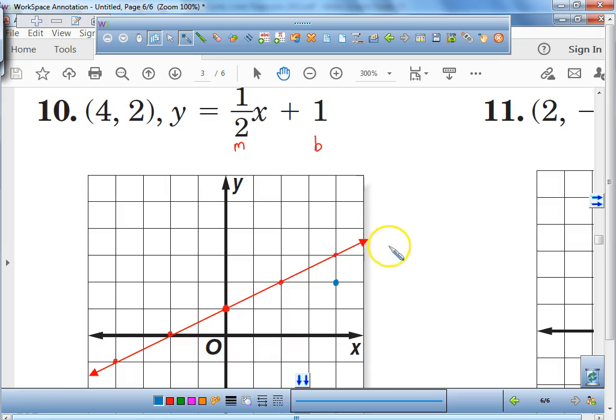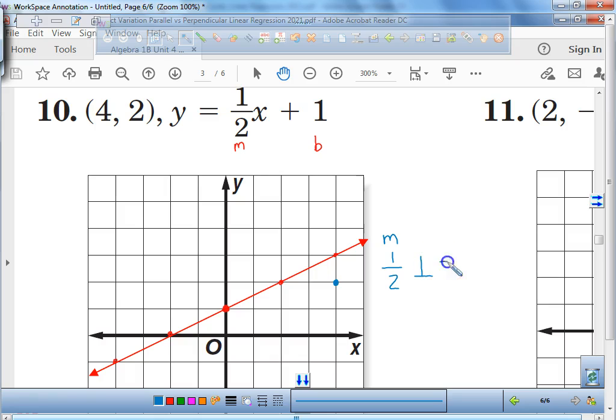So here's your first challenge. If my slope is 1 over 2, what's the perpendicular slope? You're right, negative 2 over 1. So from right here, everybody, go down 2 over 1 and put a point.